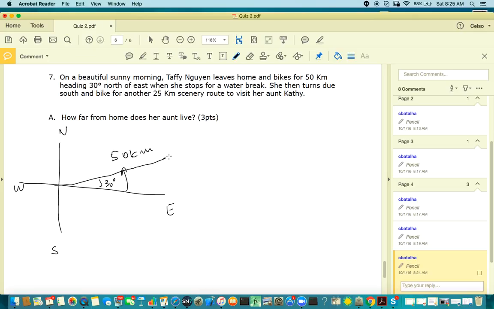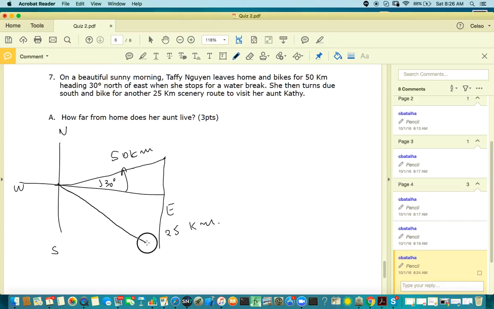Then she turns due south and bikes another 25 kilometers to visit her aunt Kathy. How far from home does the aunt live?